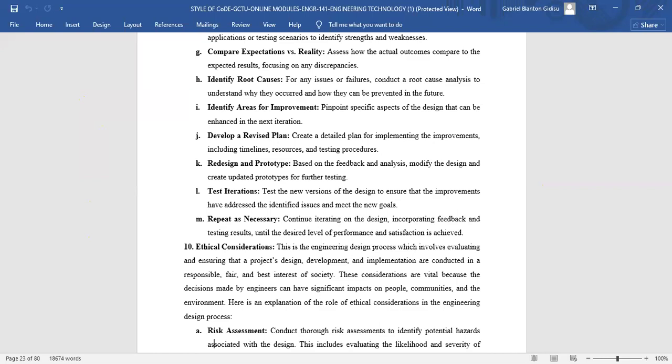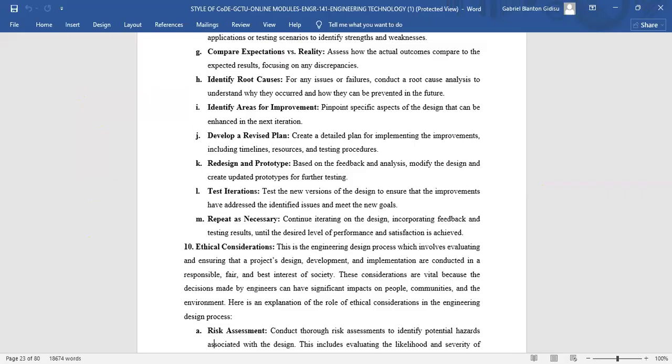These considerations are vital because the decisions made by engineers can have significant impact on people, communities, and the environment. Here is an explanation of the role of ethical consideration in the engineering design process.